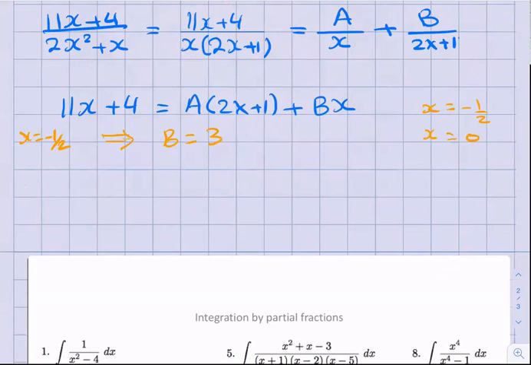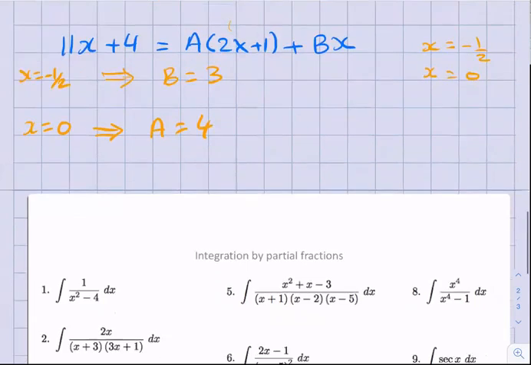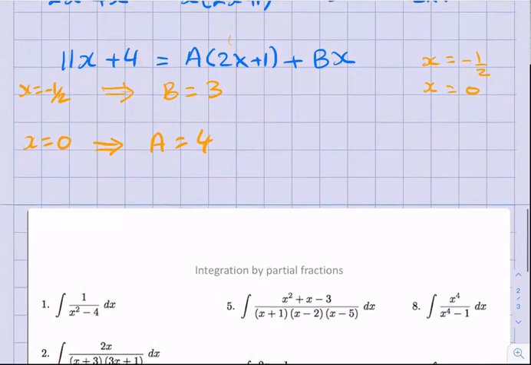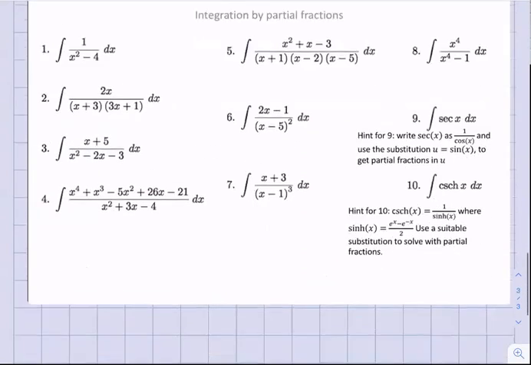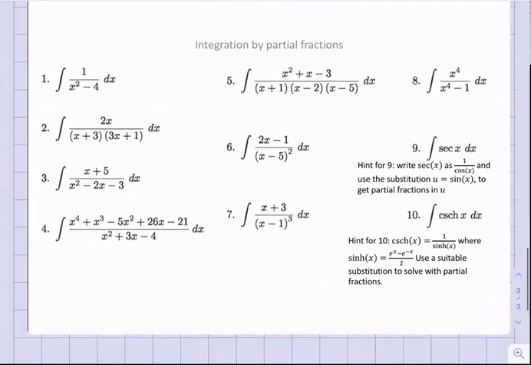And when x equals 0, we get a equals 4. Because 2 times 0 here is 0, plus 1 is 1, so that's 1a, and that's 4 here, so a equals 4. So these are the values of a and b. I'll go down there. These are for you for later.